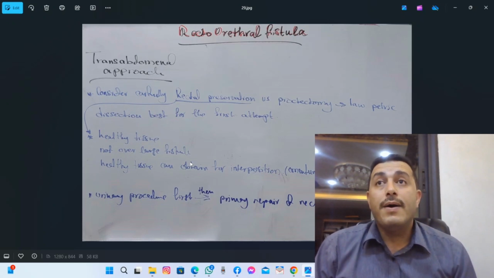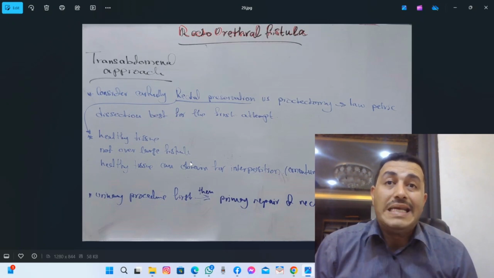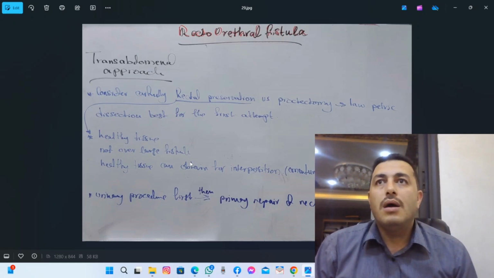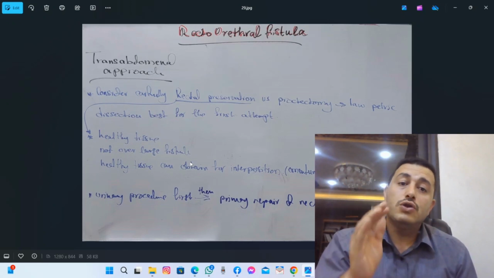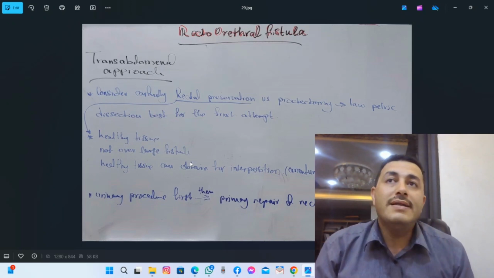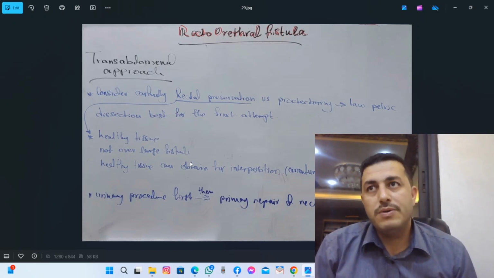Either the omental flap, which is a type of pedicled flap, so we bring the omentum, I will show you a picture, to put between the rectum and the urinary bladder, and the other is the rectus abdominis flap. I will show you a picture.